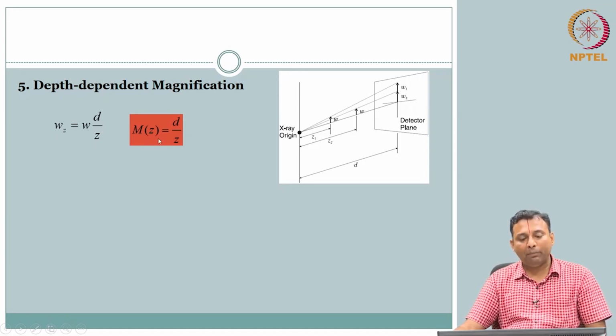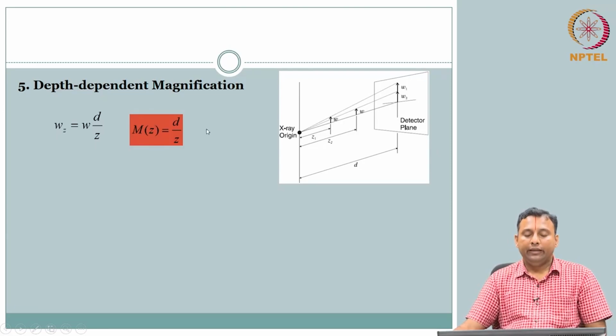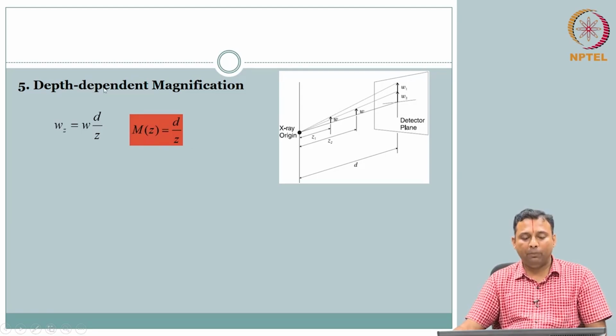Oh, this is the depth dependent magnification. Depth, in our case, xy is our imaging plane, so z is your depth direction in this schematic, and so M of Z is your D by Z. Make sure that you carefully register that this is capital M of Z, which is a depth dependent magnification.